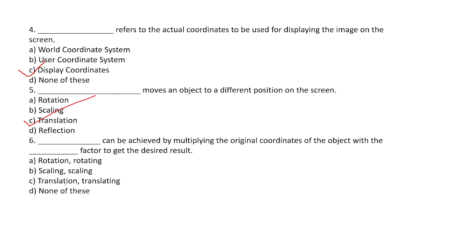Say for example, we have drawn or designed a large object in CAD. We need to now scale it, so we'll multiply some factors so that it scales up or down the ratio. That's the main significance of scaling. So scaling can be achieved by multiplying the original coordinates of the object with the scaling factor to get desired results, right? So the correct option will be option B.